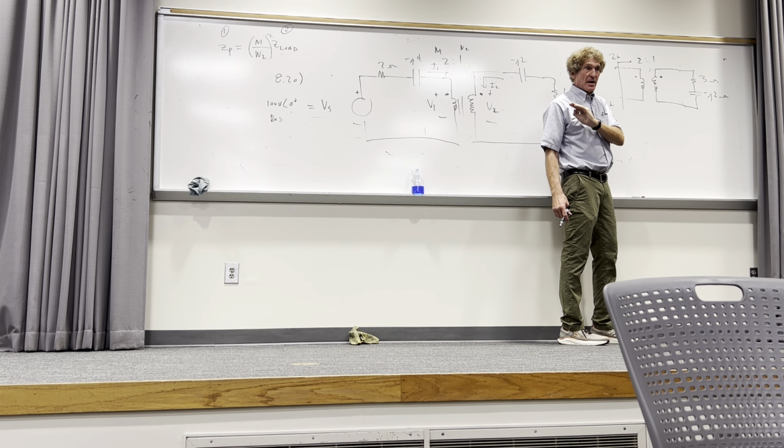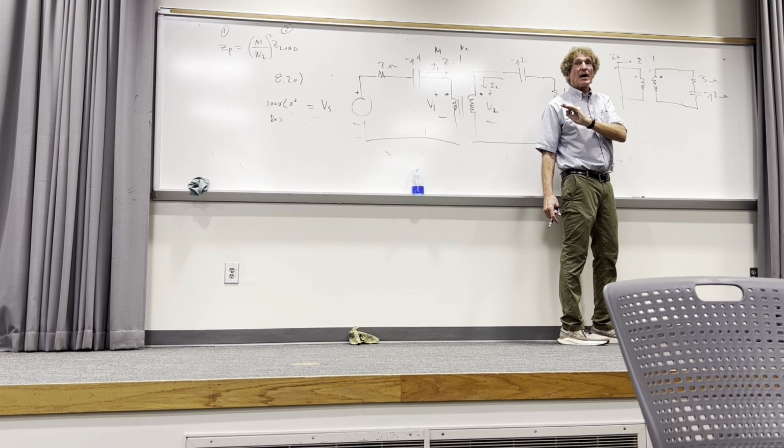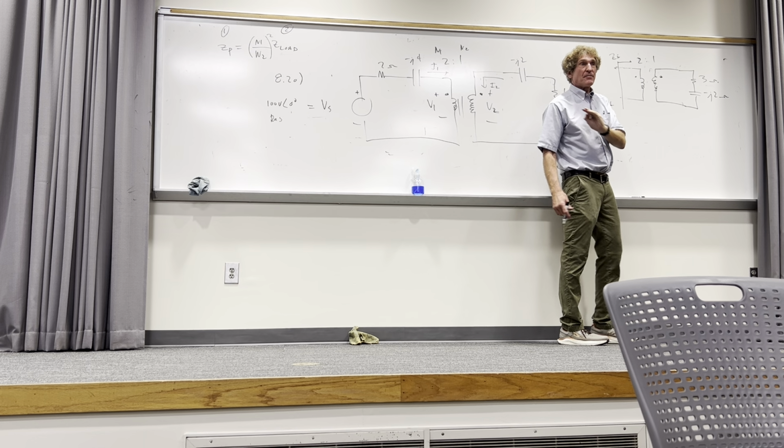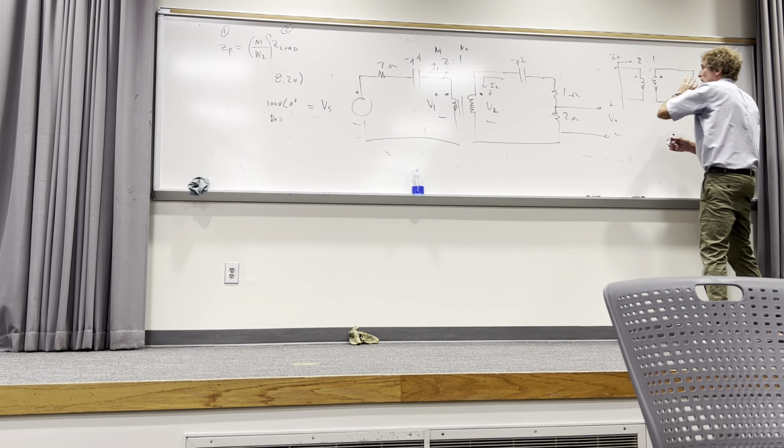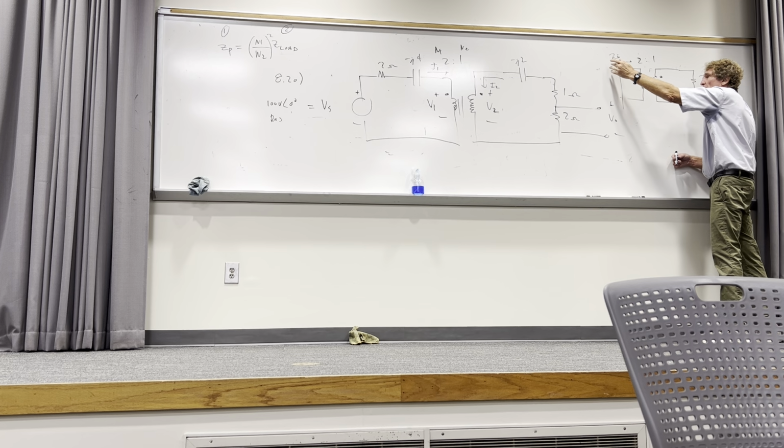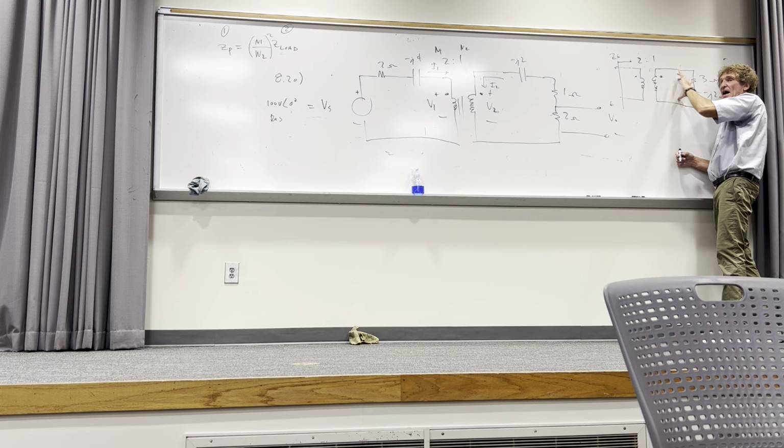Can everybody hear me back there? Now, if you look this way, and you had an impedance here of, say, 5 ohms, it would be divided by 2 squared, or 4.